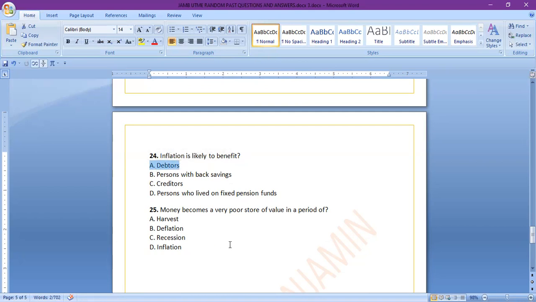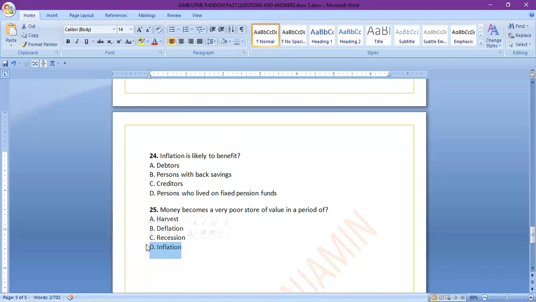So the last but not the least, money becomes a very poor store of value in a period of A, harvest, B, deflation, C, recession, D, inflation. This question is similar to the immediate past question.